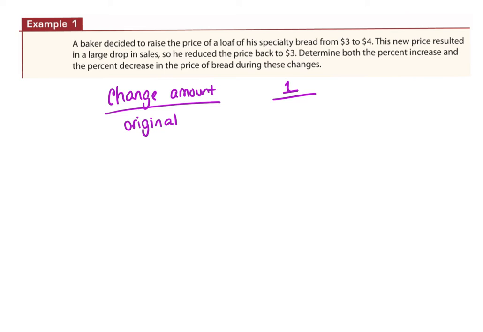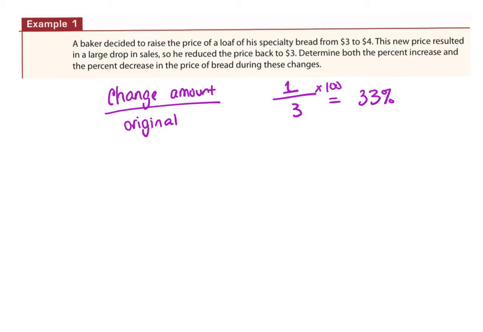So how much was the original amount? 3. All right. If you divide that out, you get 0.3 repeating, which as a percentage is going to be 33%. So if you divide 1 by 3 and multiply by 100, you get 33%. All right.